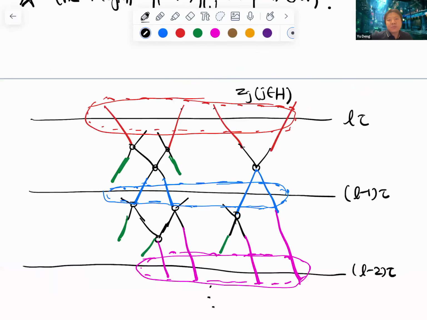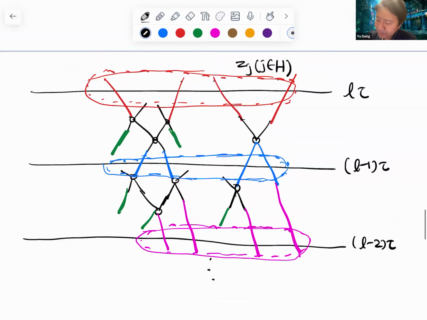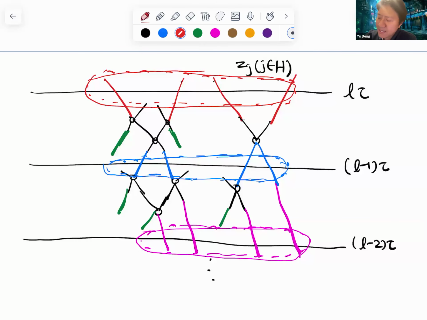So to estimate the probability, it's given as an integral, but this integral involves many variables. One choice of the variables is, for example, to set them as the final states of all the particles.